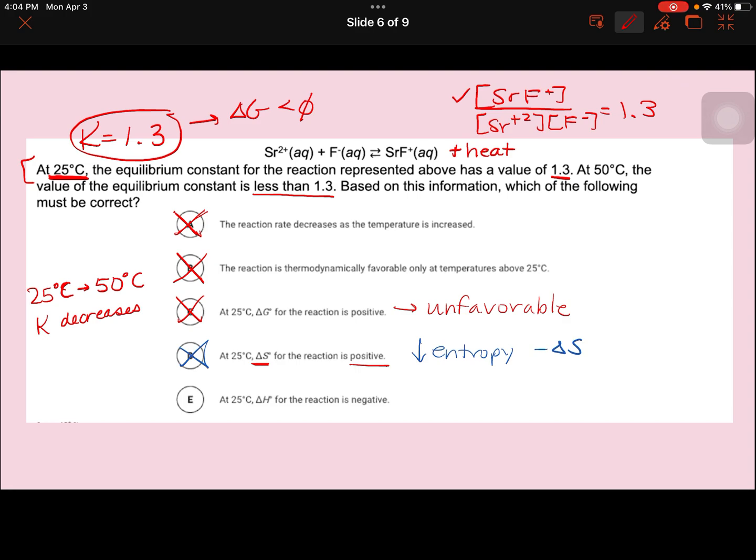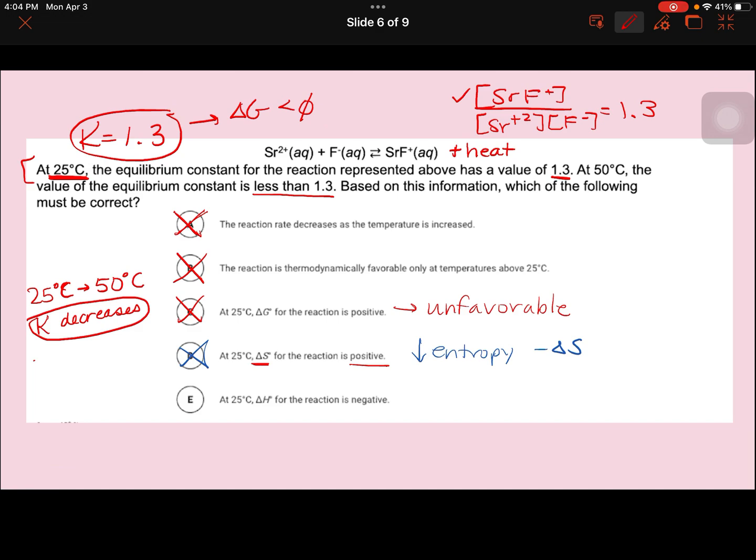So we've got that. That is a possibility. The K is changing here. If K is decreasing as the temperature goes up, that means the process is becoming less favorable as the temperature goes up.